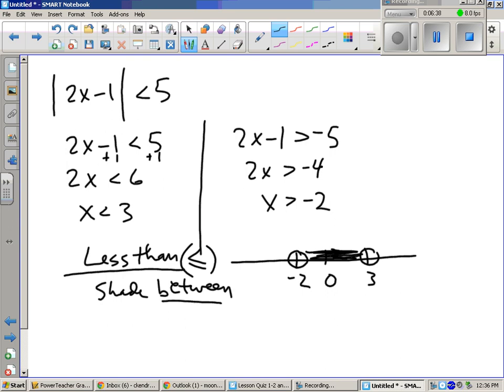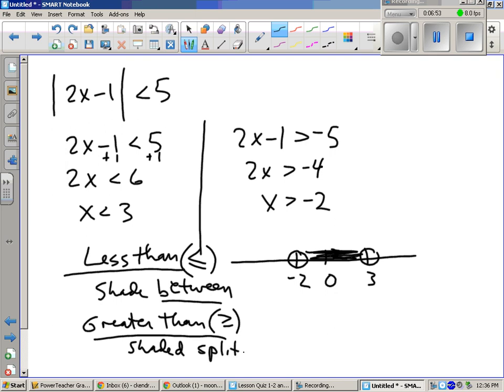Okay, so if you want a shortcut, the less than is the between. So that means the greater than is going to be shaded split. So one to the left and one to the right. So it will look something like that.